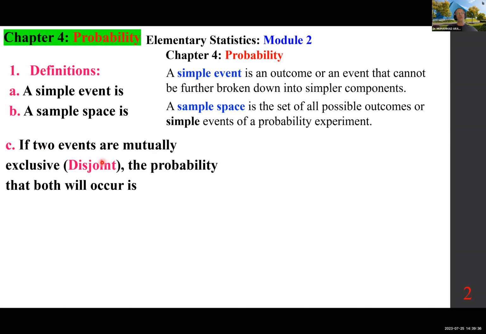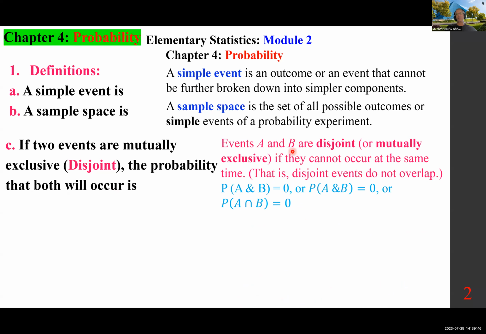If two events are mutually exclusive, also known as disjoint, the probability that both will occur is 0. So events A and B are disjoint or mutually exclusive if they cannot occur at the same time. That is, disjoint events do not overlap.